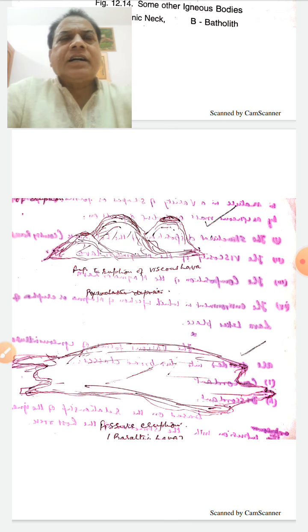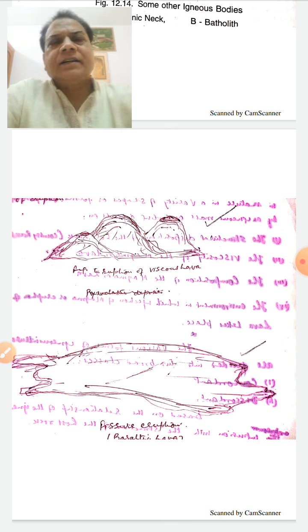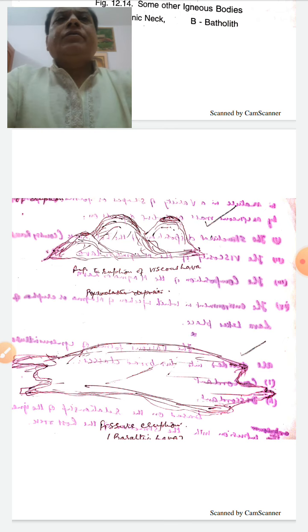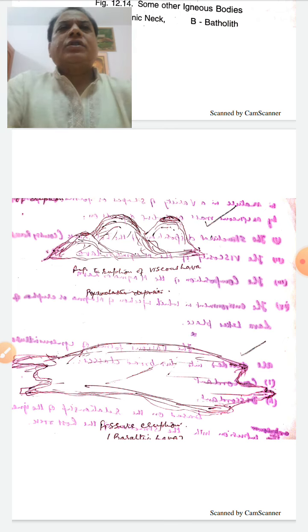The more the silica, the higher the viscosity; the less the silica, the more the fluidity. Third, the composition of the magma or lava. That is important as such, but in composition also SiO2 matters, and that comes under the second, that is viscosity. And the fourth is the environment in which injection of magma or eruption of lava takes place.